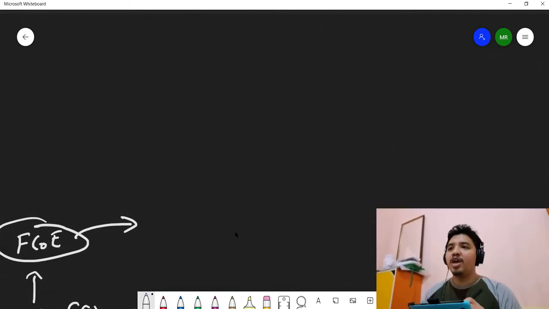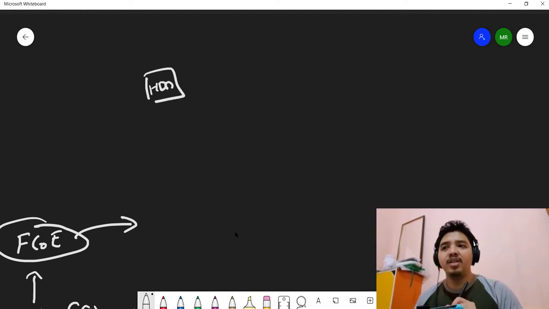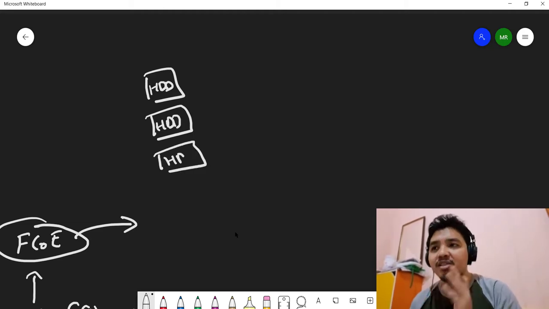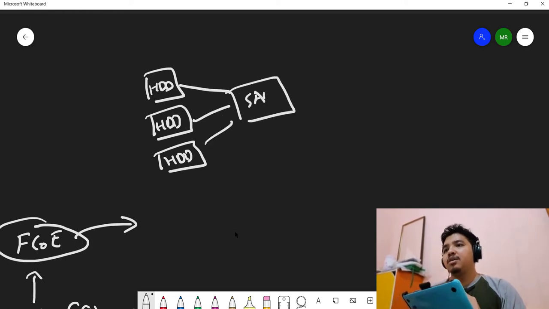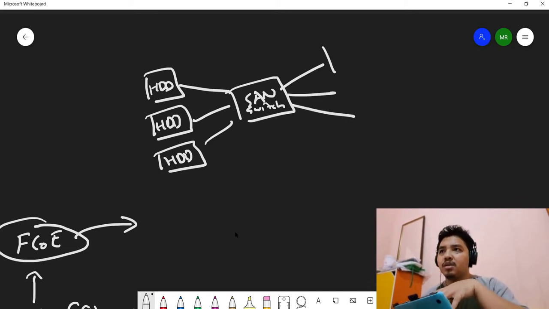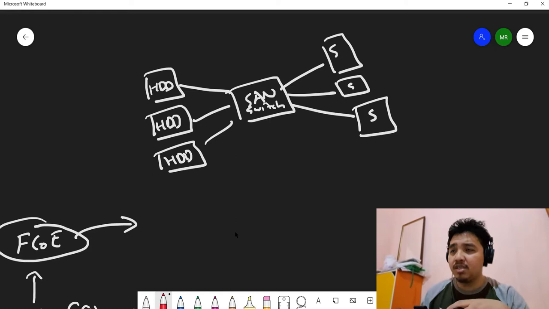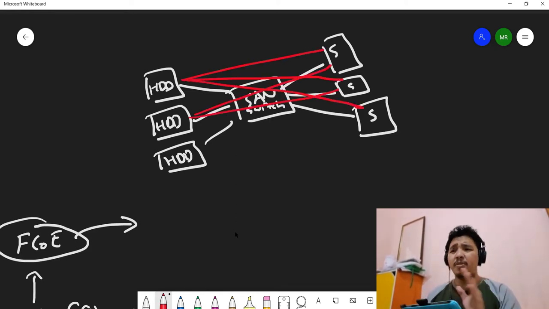Let's say we have many hard disk drives, and many servers connecting to the LAN switch. No, the SAN switch. The traffic can go back and forth. Maybe server 1, server 2 or server 3 accesses LUN1, LUN2 or LUN3.